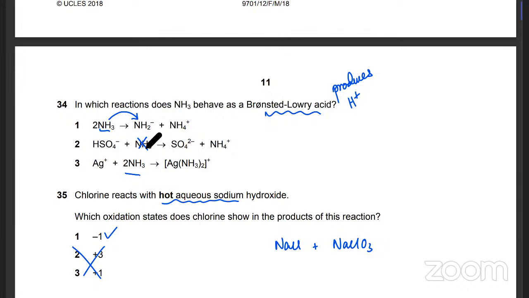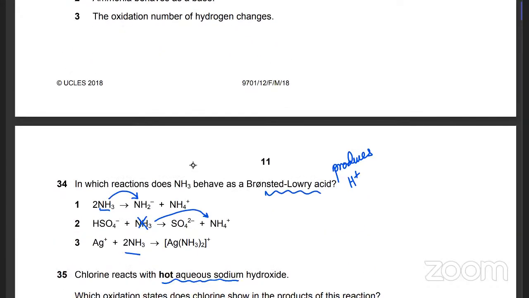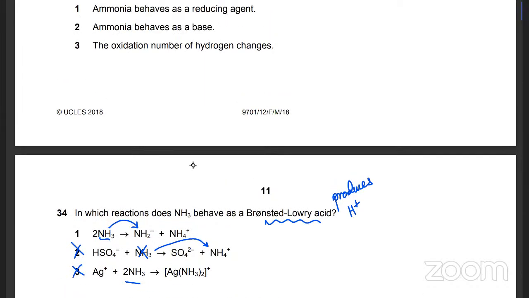Because NH3 accepted an H+. It had 3 hydrogens and then an H+ got added over here. When something accepts H+, it's a base. In this last one, it's not doing anything. So number 2 is wrong. Number 3 is also wrong because it didn't do anything in the third one.